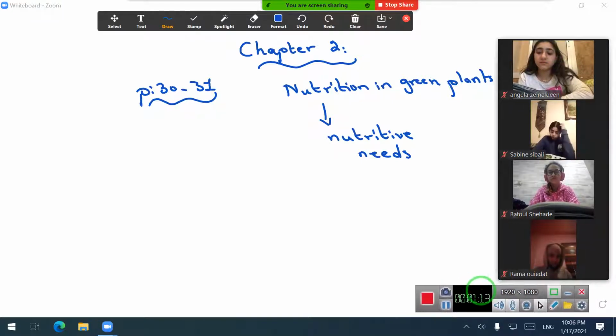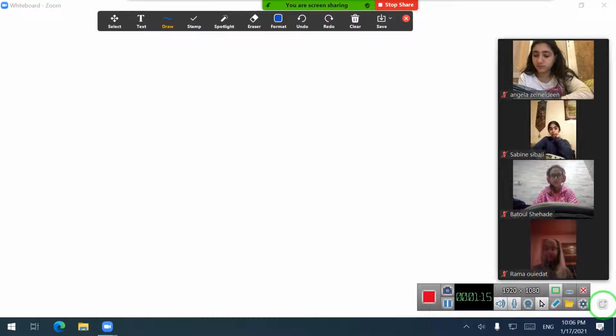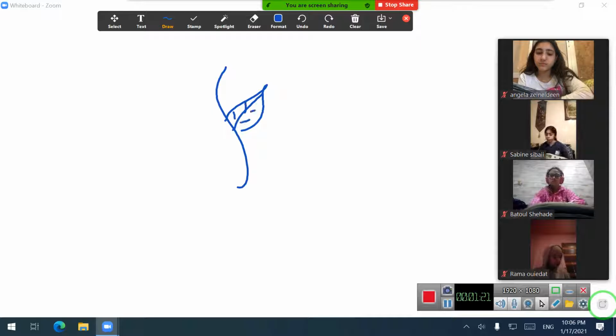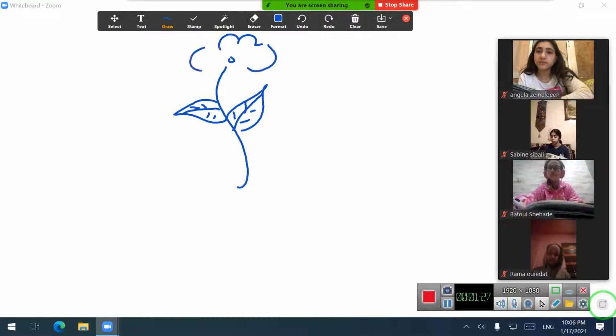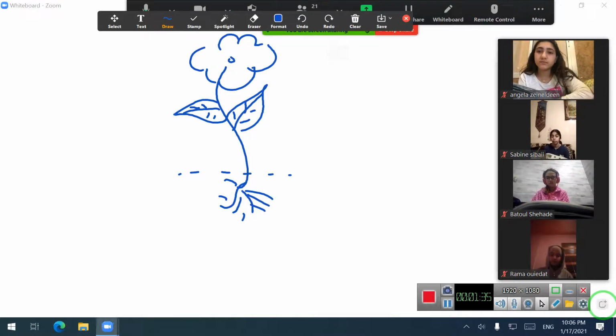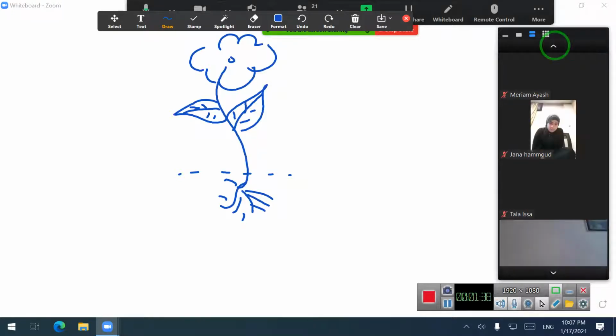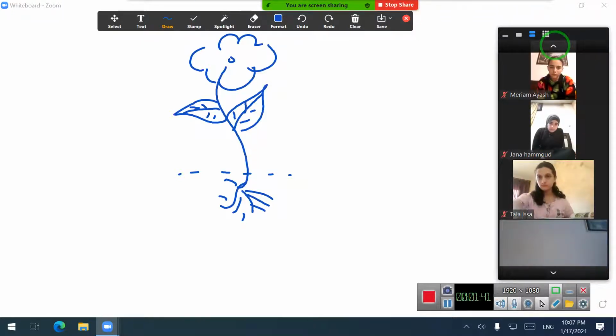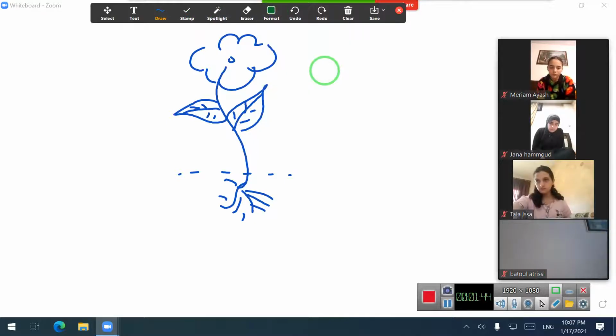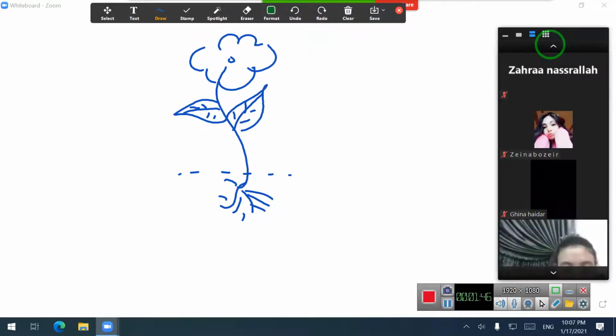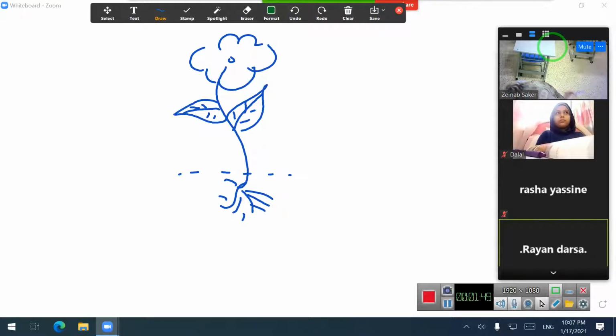But before we move into our activity, I'm going to draw a green plant and ask some students to mention what are the important needs which a green plant needs to produce its own food. Please, who knows? What does a green plant need to produce its own food?